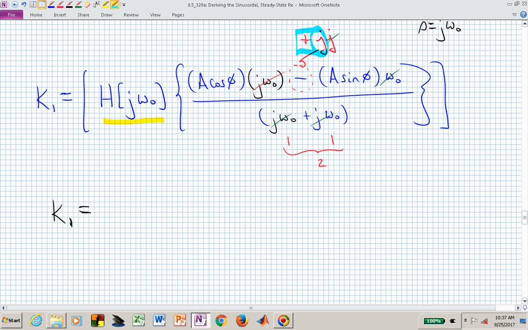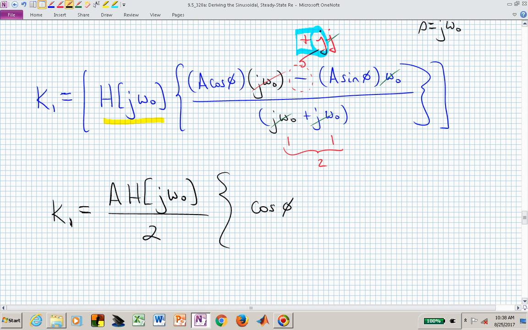So let's now write down what we've uncovered in all of this analysis. We have a capital A in both terms in the numerator, so that can come out front. We can say we have an A times an H of j omega naught, and downstairs we're left simply with a 2. That's the red 2 up above. What's left in the curly brackets? Well, we've factored out the A, and the only thing we have in the first term of the numerator is cosine of phi.